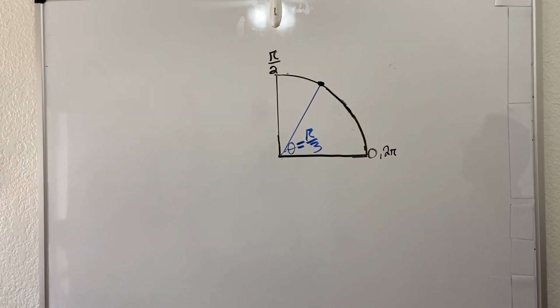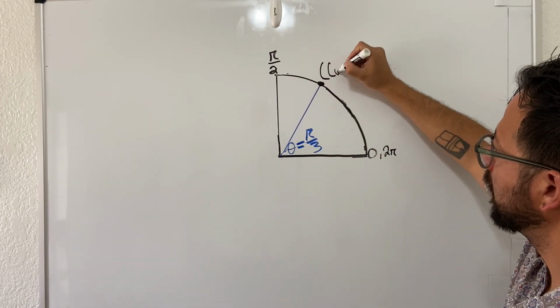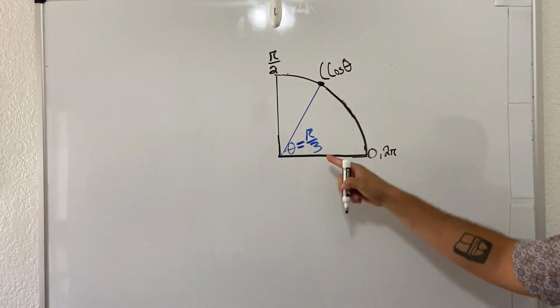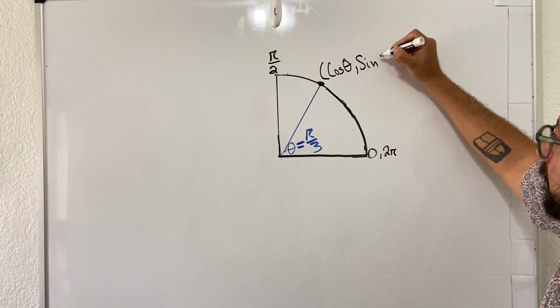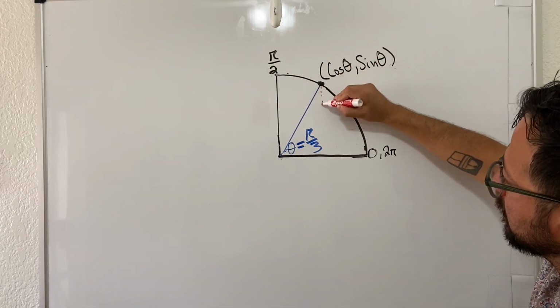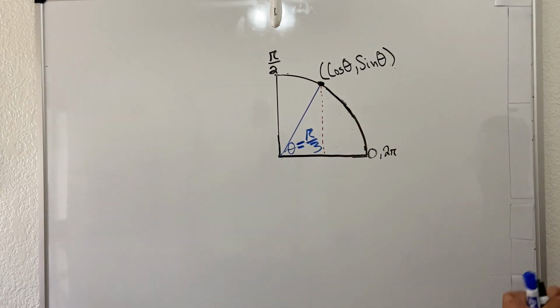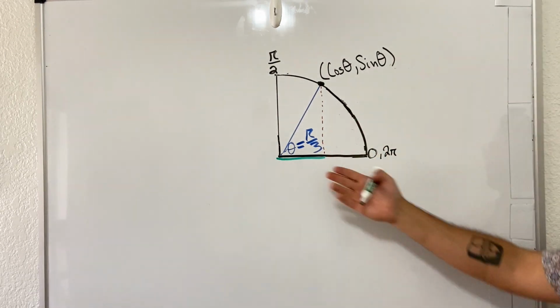And we're going to follow the same procedure. We're looking for the coordinates of that point there, which are cosine of theta, which in this case again is pi over 3, and sine of theta. We know that the sine is this vertical distance, and we know that the cosine is this horizontal distance.